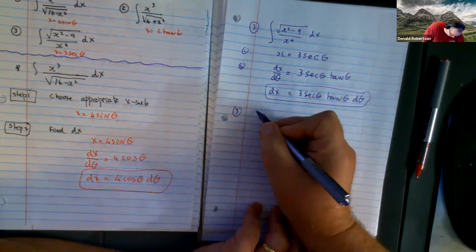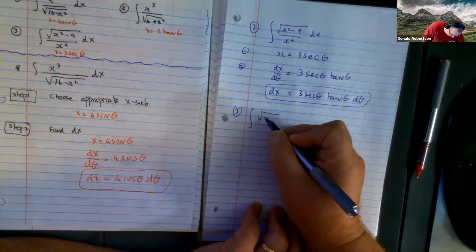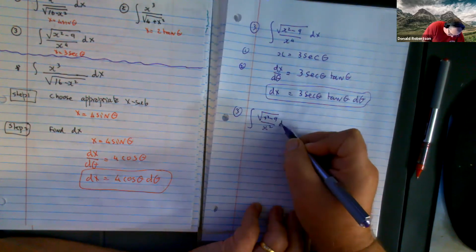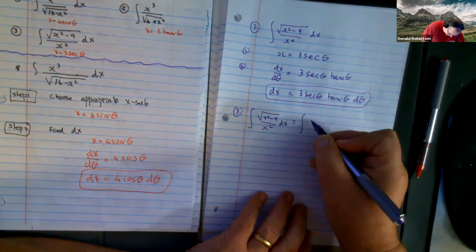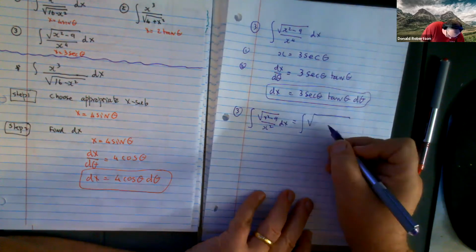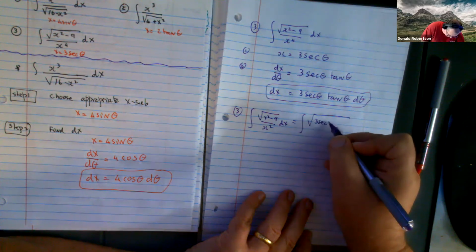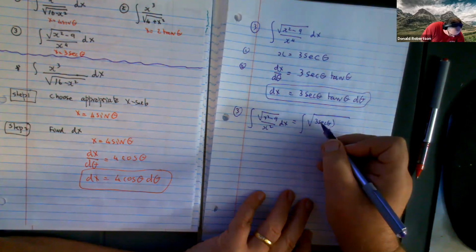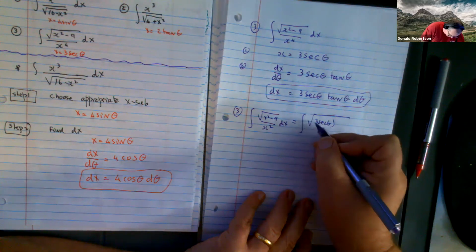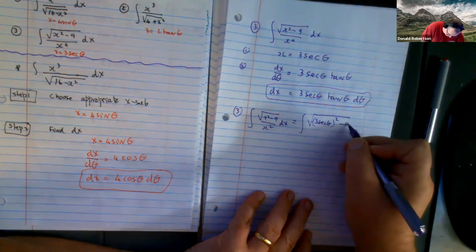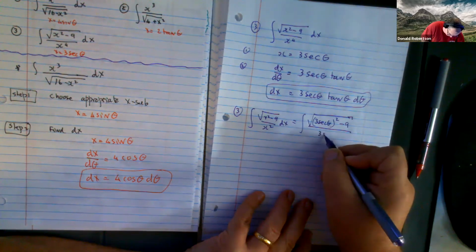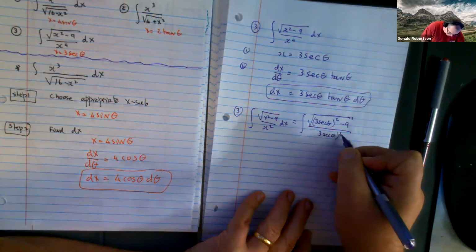So I'll take my original and turn it into thetas in its simplest form. So it's going to be 3 secant theta squared, take away 9. 3 secant theta squared on the bottom.